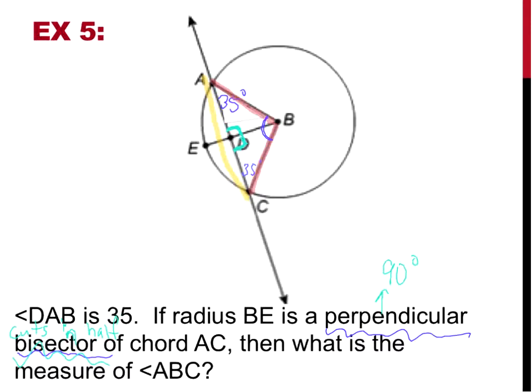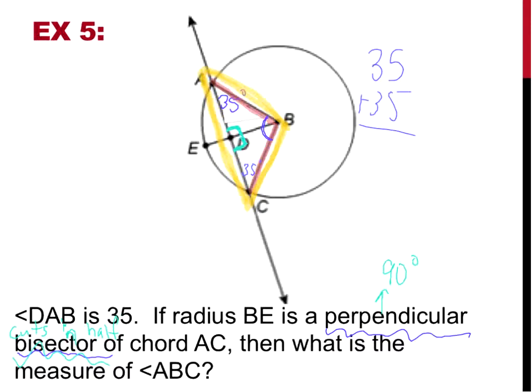So here's my monster triangle. Everybody okay with me drawing my monster yellow triangle? So this corner is 35, this corner is 35. They want to know this corner. What do we know about the three angles of the triangle? They're going to add to be 180. I feel like a broken record today, right? So let's try. So far I have 35 and 35.